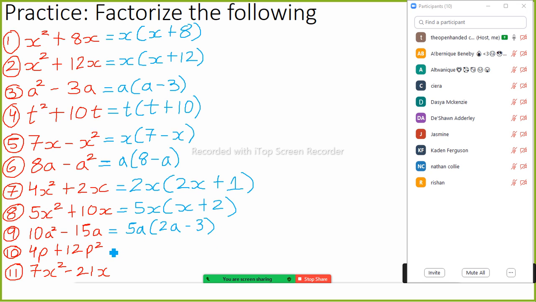Jasmine, number 10. Go ahead, Jasmine, number 10.